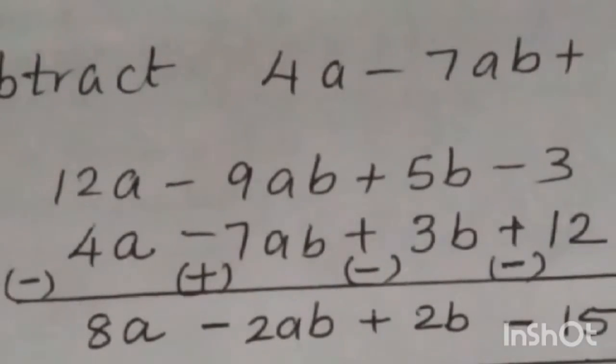How will you subtract integers? You will convert the question into addition. Minus 3 plus minus 12 is minus 15. 5 plus minus 3 is 2, so it is 2b. Minus 9 plus 7 is minus 2ab. Here 12 minus 4 is 8a.